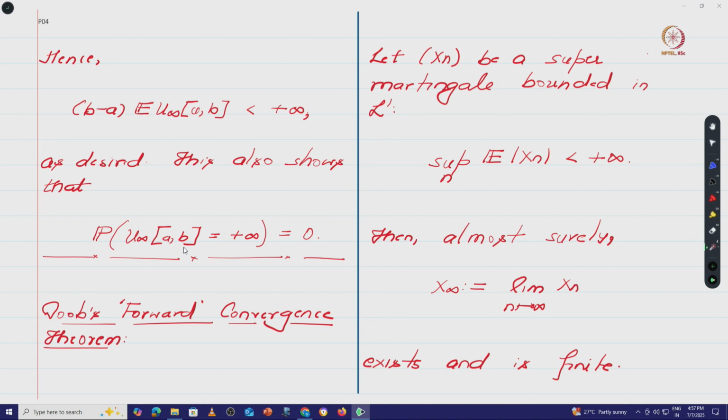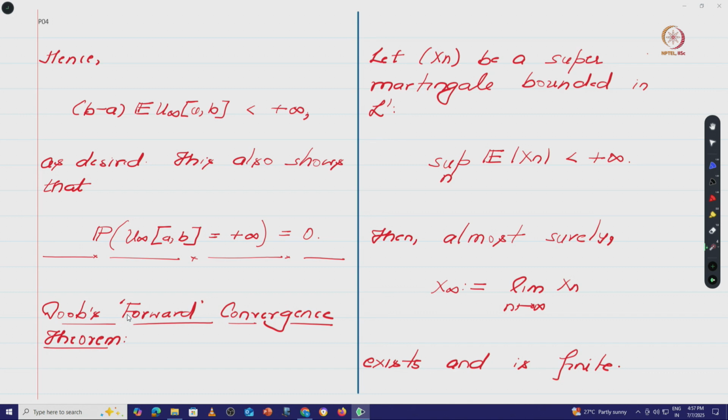In particular, this result is known as Doob's forward convergence theorem, and the forward over here refers to the fact that we are looking at what happens as the time index n is taken to infinity in the forward sense. So what does Doob's forward convergence theorem state?